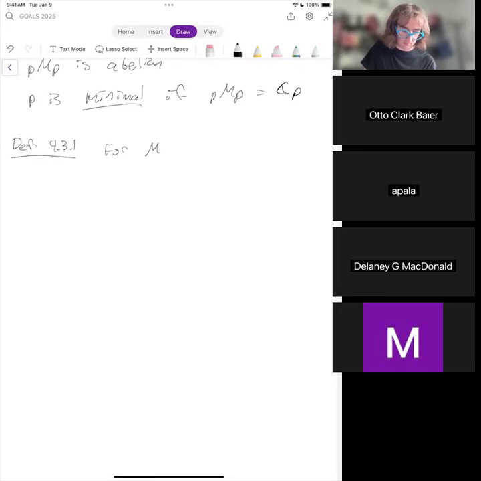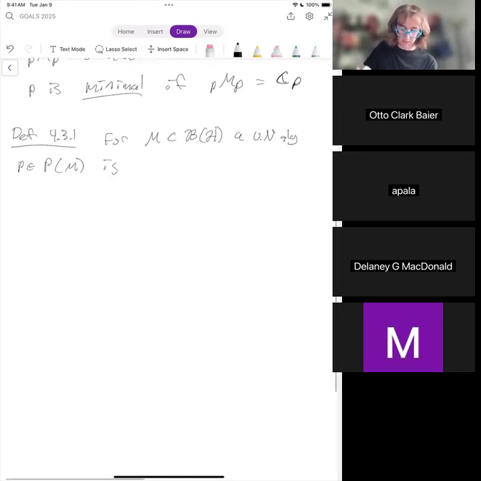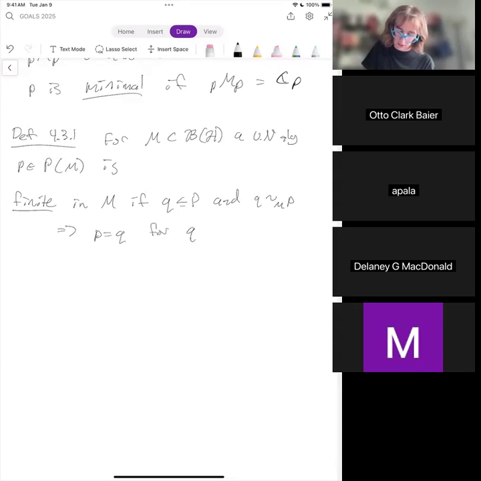We take a von Neumann algebra M in B(H), and we say what types of projections are possible. We say P is finite in M if for any projection Q sitting under P that is additionally equivalent to P, this implies that P equals Q.